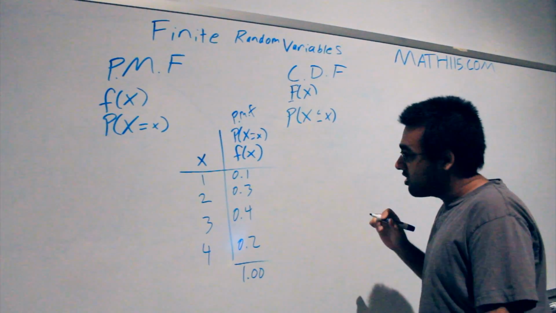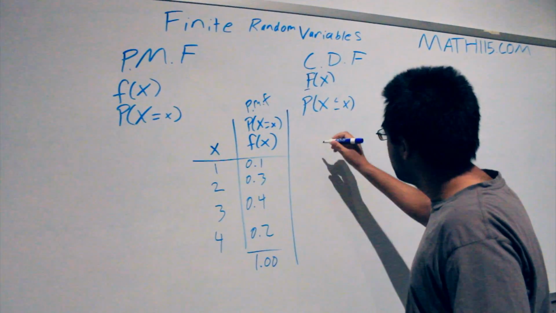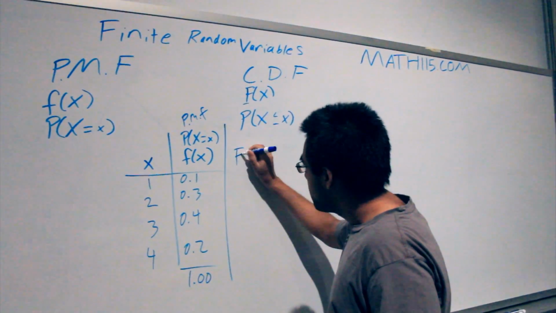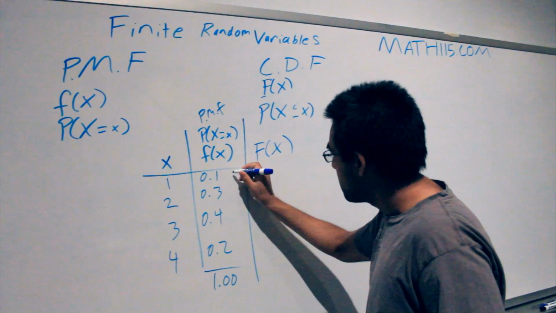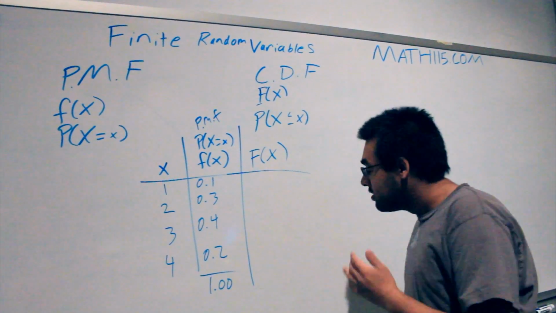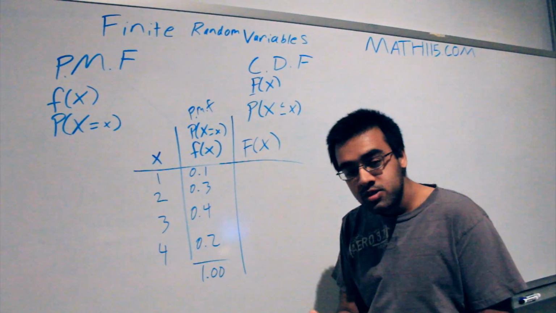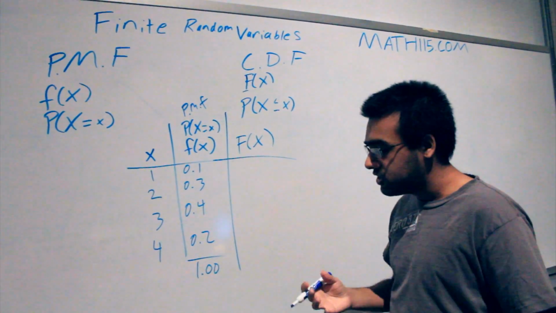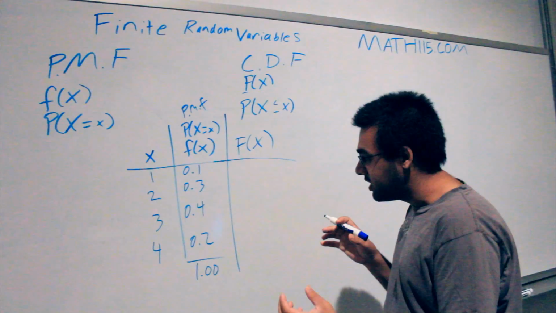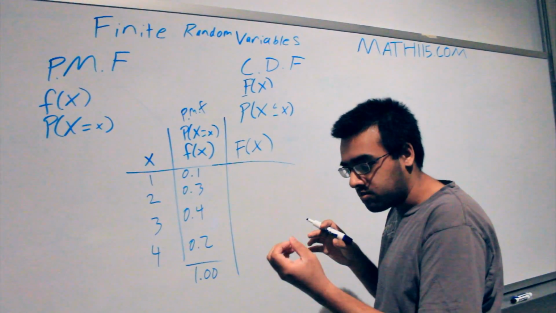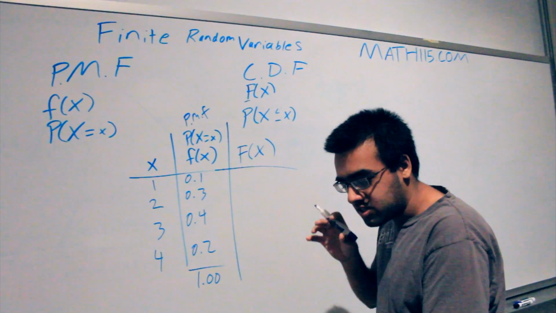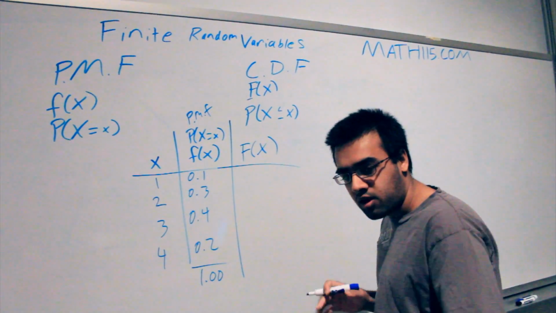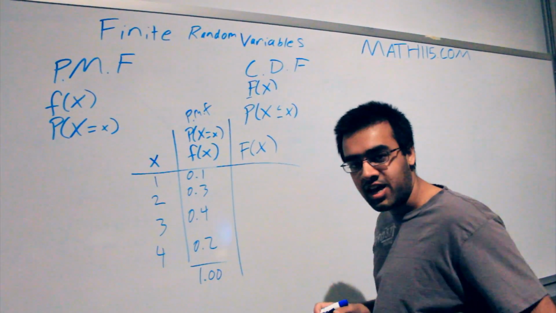So let's talk about CDFs. This is the part that gets a little bit more confusing. This can be represented as big F of x, this next column over here. So let's talk about what a CDF is. Cumulative distribution function. What that huge word means is that it's going to take your first probability and continue adding on top of that probability as you go further along the x-axis.